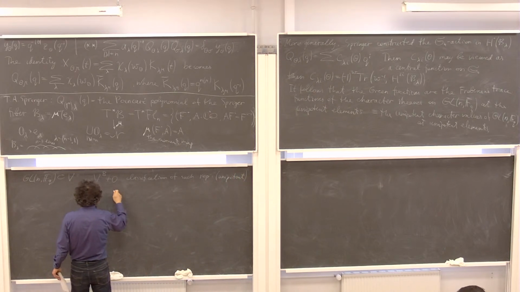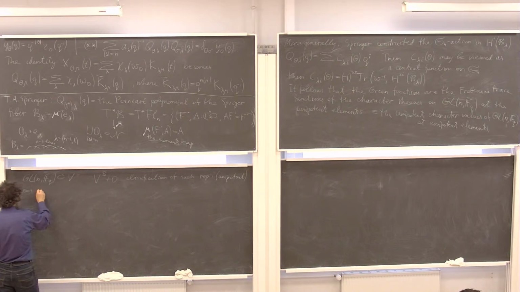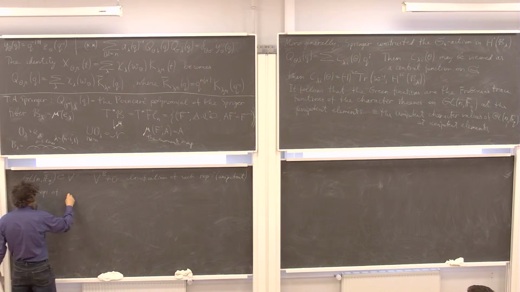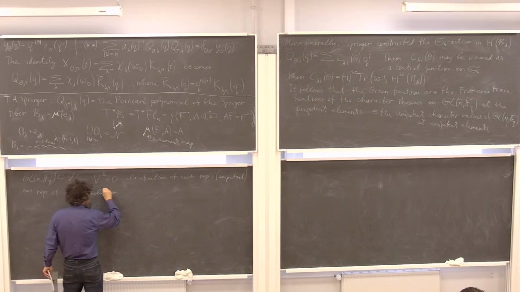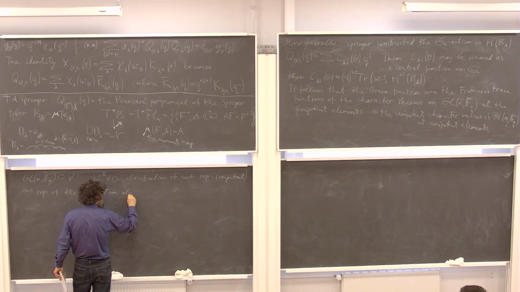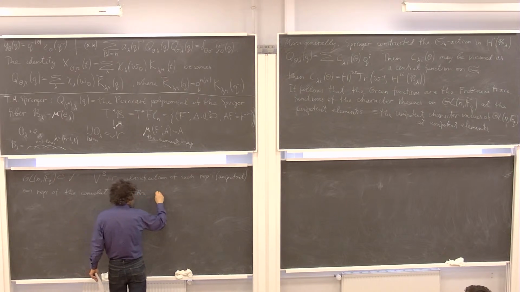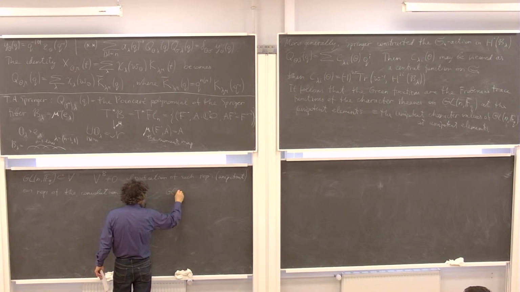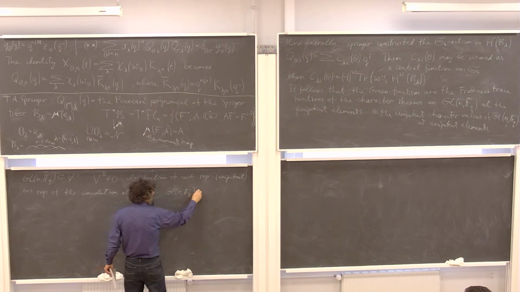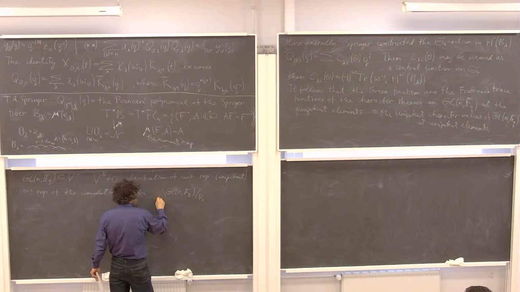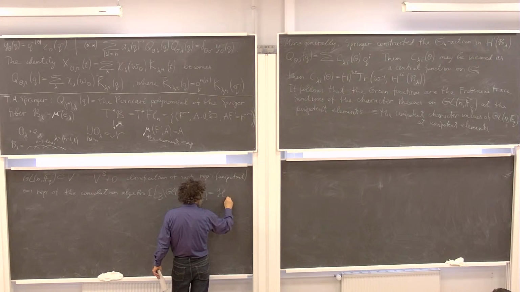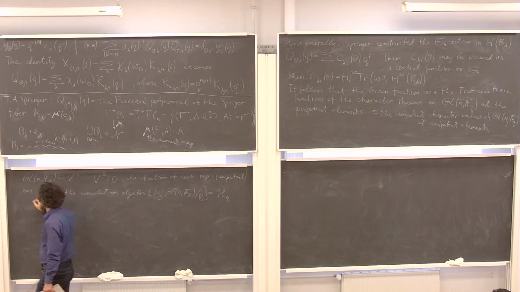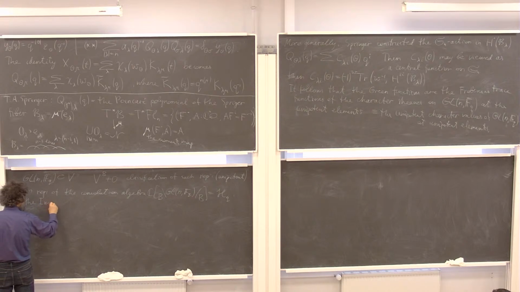The classification of such representations is the same as representations of the convolution algebra of the functions on GL_n(F_q), invariant both on the left and on the right with respect to the Borel subgroup. And this is called H_q, the Iwahori-Hecke algebra.